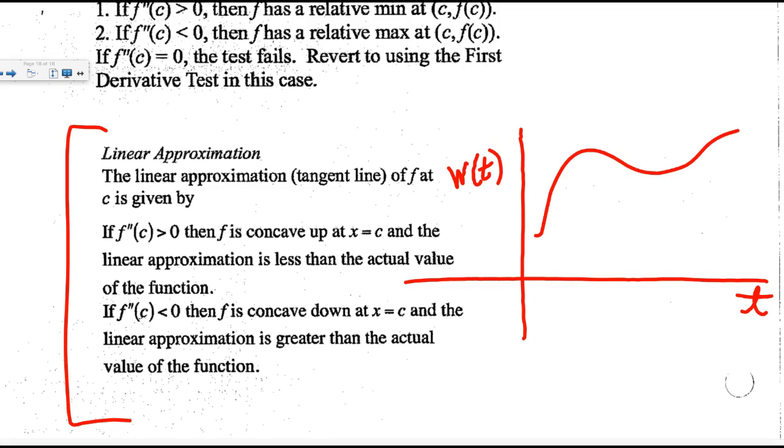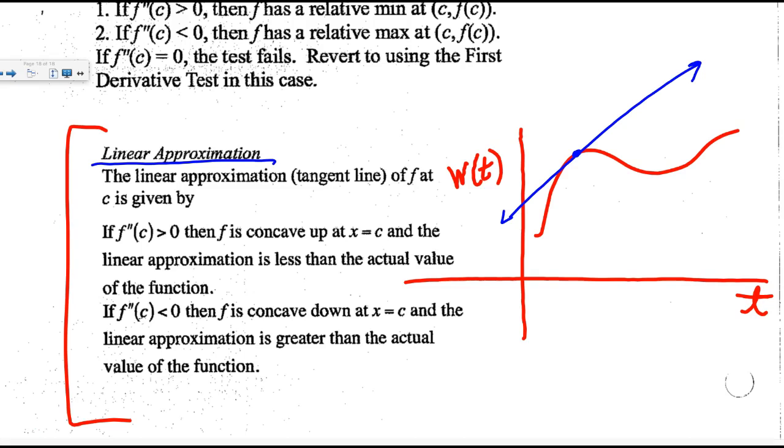A lot of times what they'll do is they'll say use the tangent line approximation, also known as a linear approximation. Sometimes they call it local linearity. I haven't heard that on the AP test though. They'll say, all right, you're going to use this tangent line to approximate how much, let's say this is water, maybe in a tank.